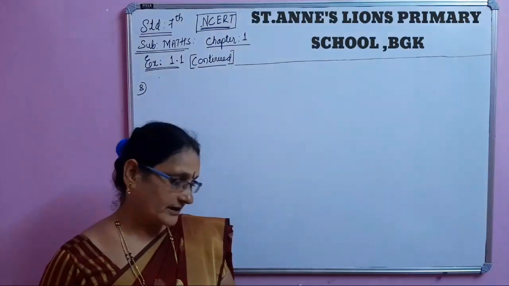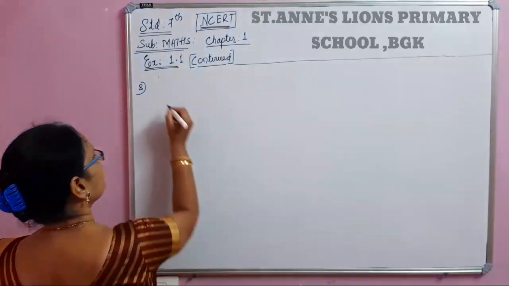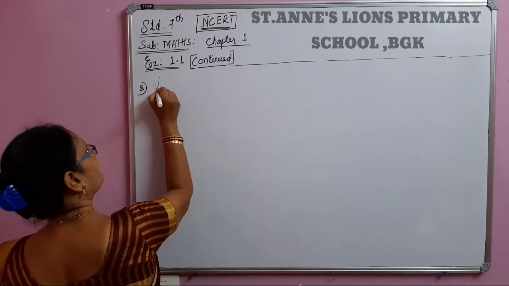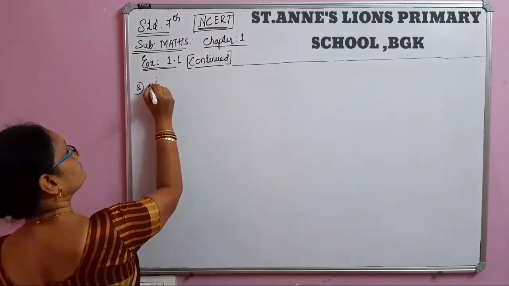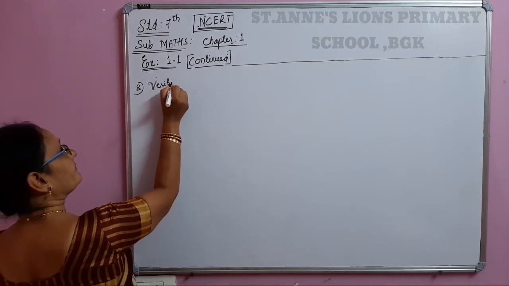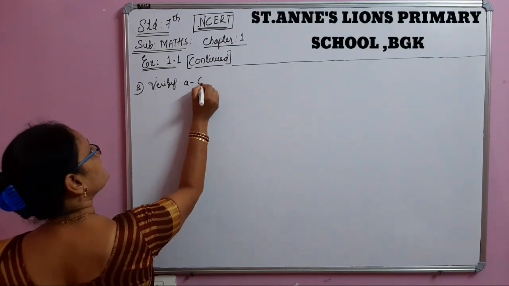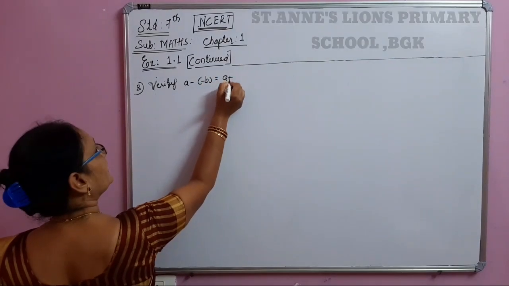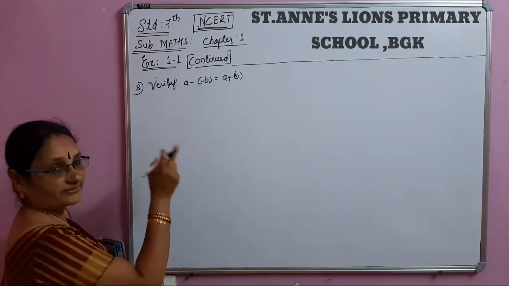Okay. Now the 8th question, verify. See here. Verify a minus (minus b) is equal to a plus b for the given values.